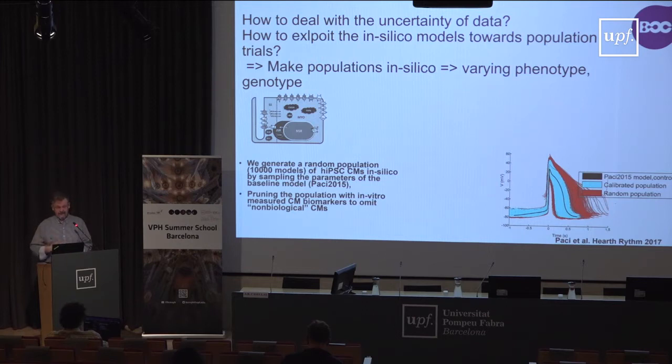There are a couple of methods to do it, and one way is making populations. So instead of having a single cell, you start varying your parameter data, and build a huge population of models, tens of thousands, hundreds of thousands of whatever you are modeling. In our case, it was cardiomyocytes. And then those are the action potentials generated by the cells. So we have a huge number of cells, each generating a little bit different kind of phenotype or genotype.